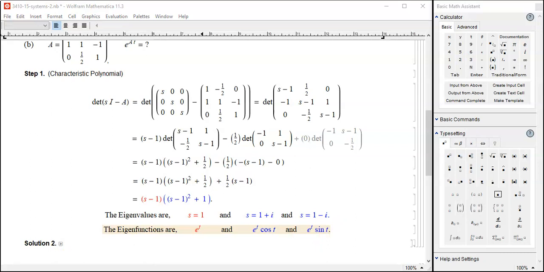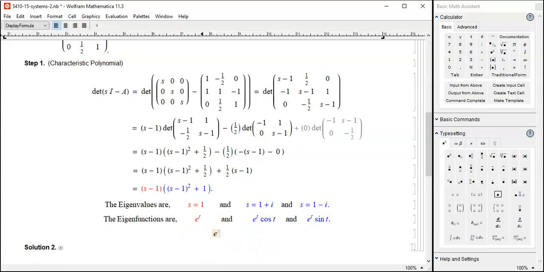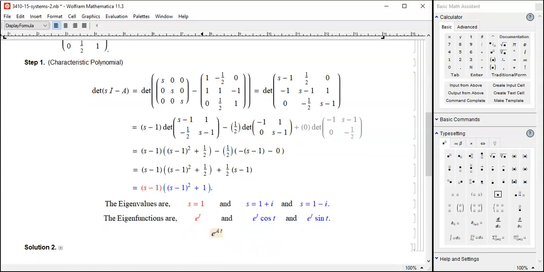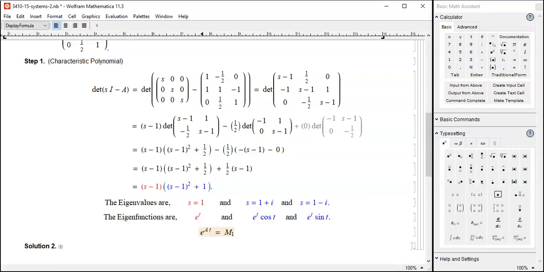Okay, I guess the first step is done. Well, maybe one more. We got all these eigenfunctions, so one more. E to the A t power is therefore m1 and then times 1. Okay, let's put 1 on the left hand side here just for the looks.